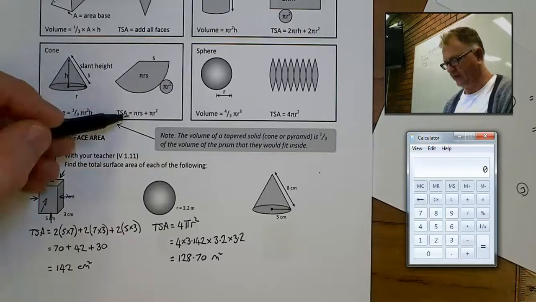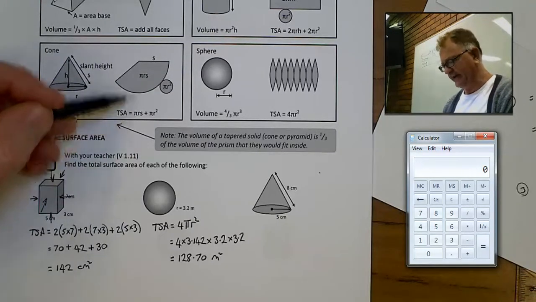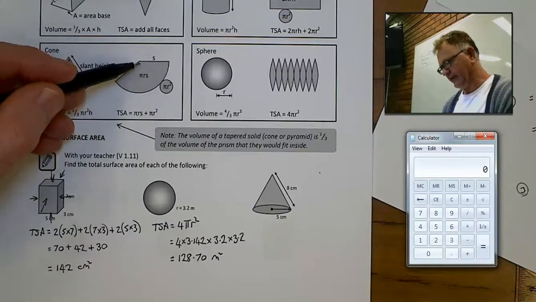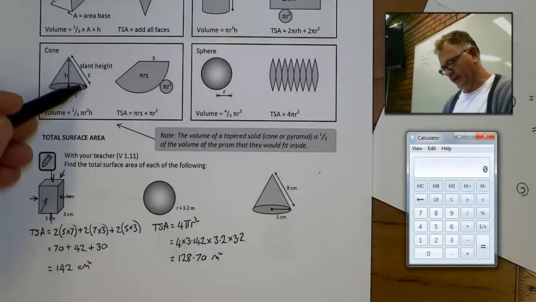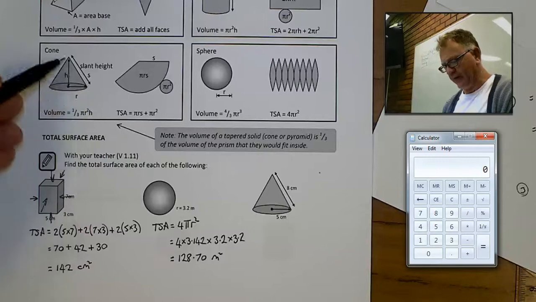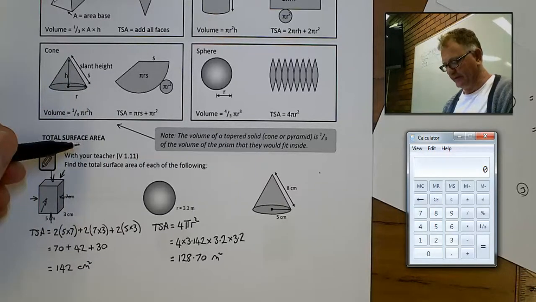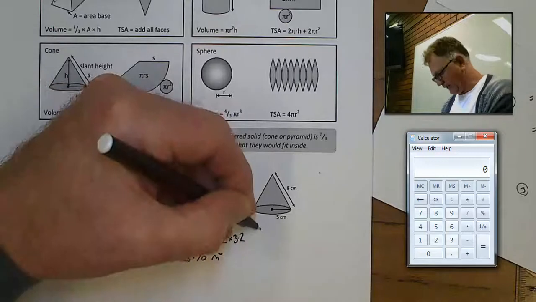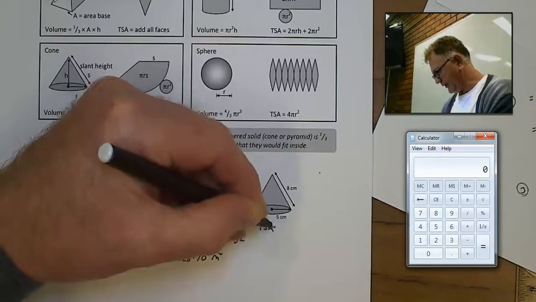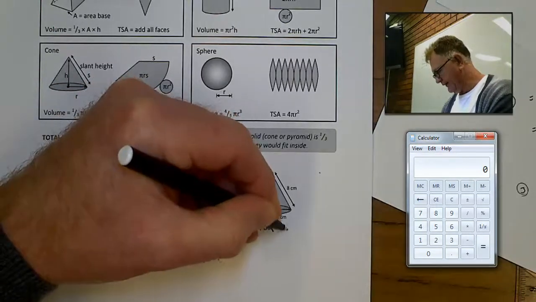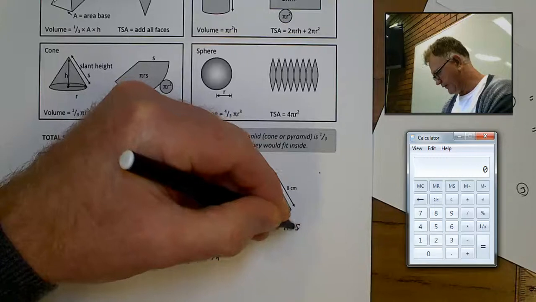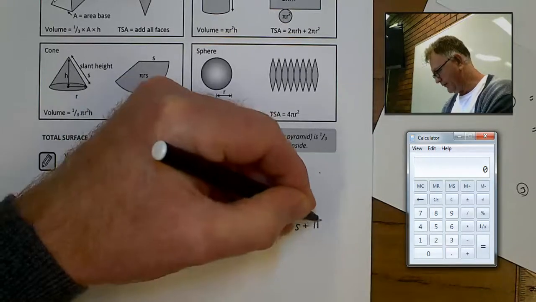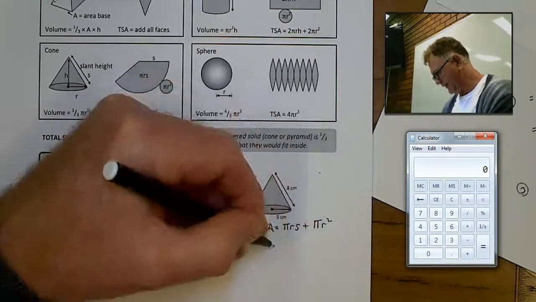And that's got an area of pi r s, and s is the slant height of the cone, the cone's height measured on the angle from its rim right up to its apex. So let's find out, in this case, the total surface area equals pi r s for the side of the cone plus the base of the cone, pi r squared.